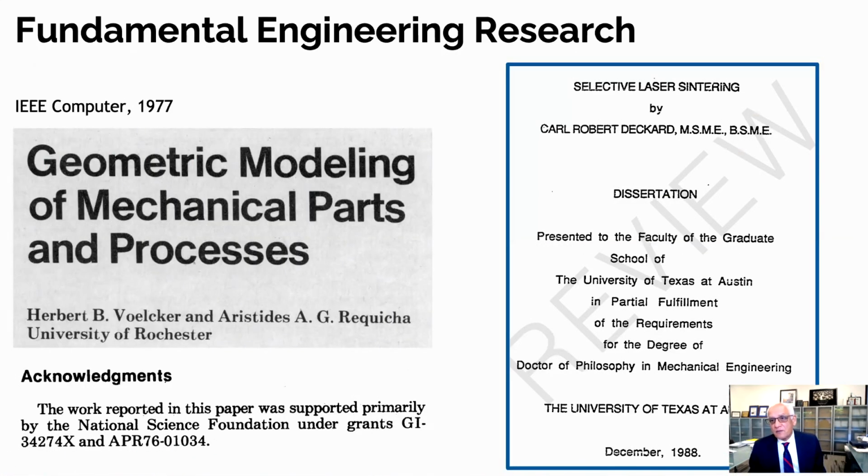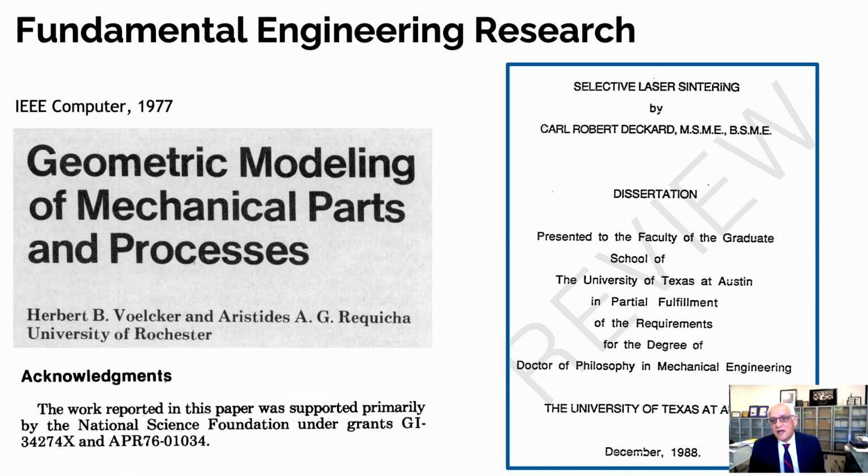NSF role can be seen in fundamental research. So this paper is actually on the geometric modeling part that even preceded the selective laser sintering. IEEE Computer, 1977. This was applying geometry and computing to represent geometry, which would then lead to the whole CAD revolution at University of Rochester.